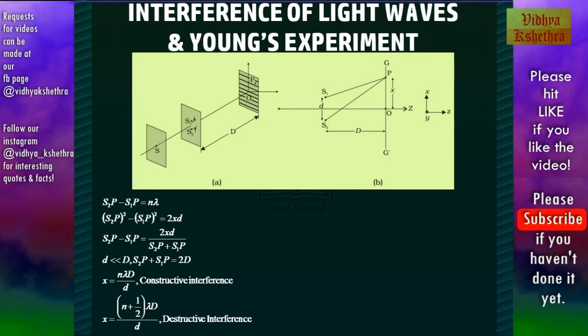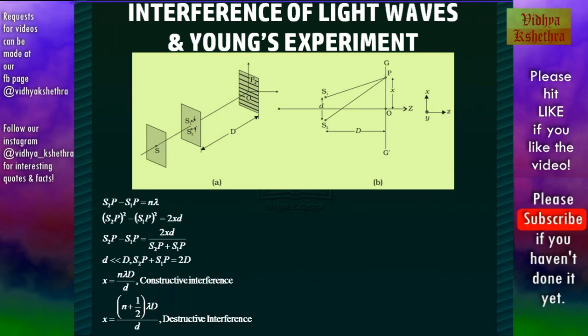Therefore, S2P minus S1P is equal to 2xd divided by (S2P plus S1P). Now, if d, which is the separation between the two sources, is very small when compared to the screen distance, we can write S2P plus S1P equal to 2 times the screen distance D. Therefore, x is equal to n lambda D by d, which is the case for constructive interference.